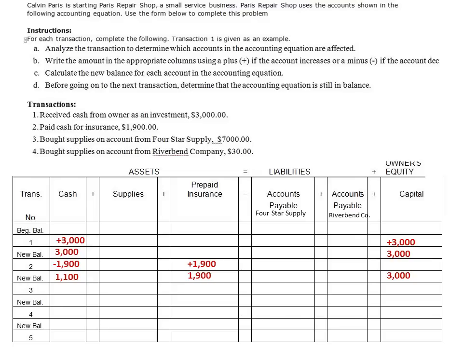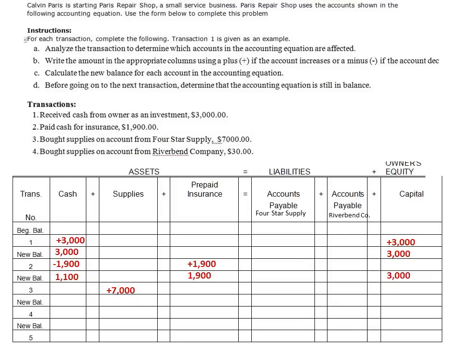But let's start off at the beginning again. Bought supplies. So did we buy cash here? Nope, we have no cash. What's our second word? Supplies. So we're going to use our supplies account. Do we have more or less supplies after this transaction? We have more supplies, $7,000 more. Do we have any prepaid insurance? Nope.